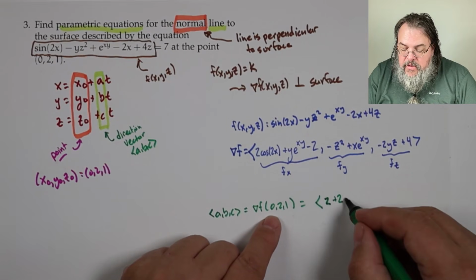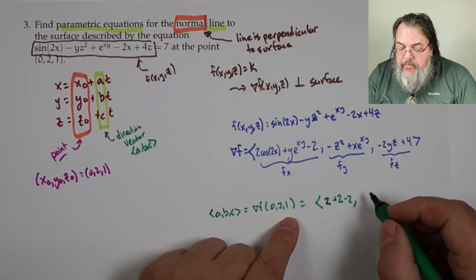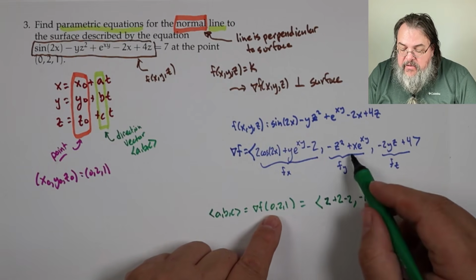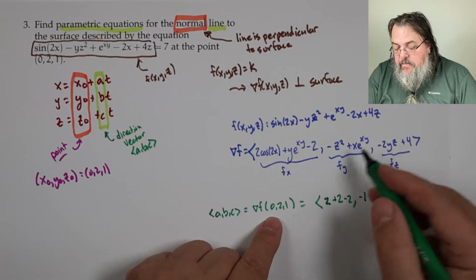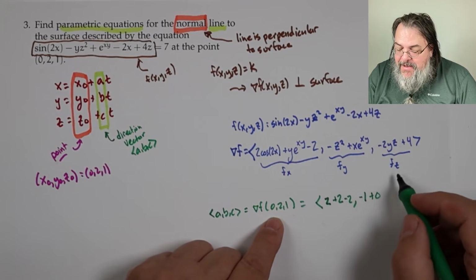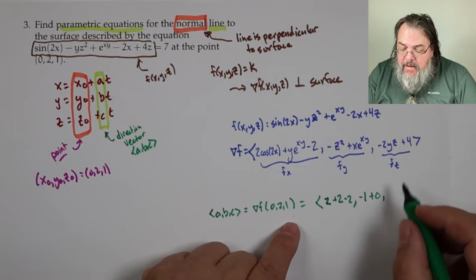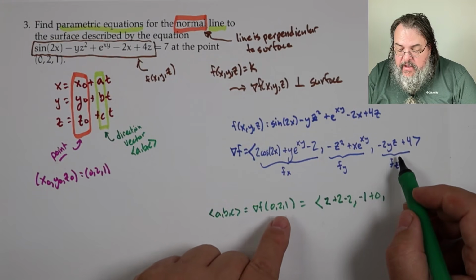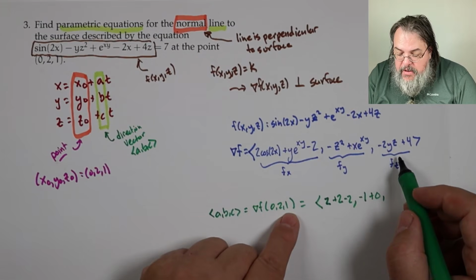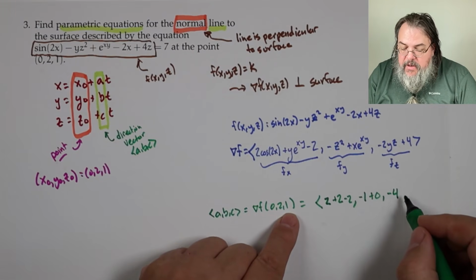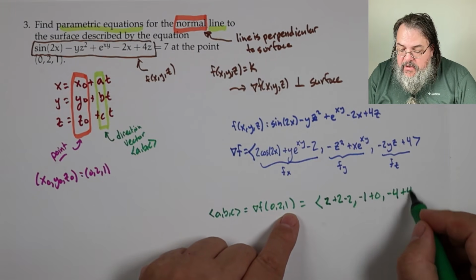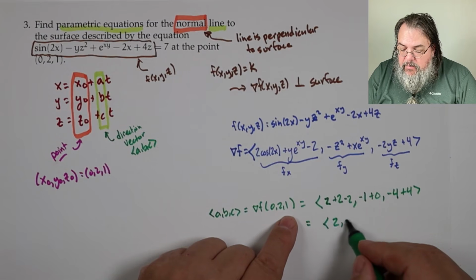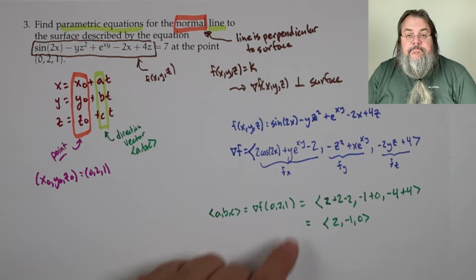And 2 minus 2 is 0. Minus z squared, so that's minus 1, plus 0. Once that's 0, it doesn't really matter what happens with the e. Minus 2 times y times z, so minus 2 times 2 times 1 is minus 4, and then we get a plus 4. So that gives us what? Well, it gives us 0, minus 1, 0.